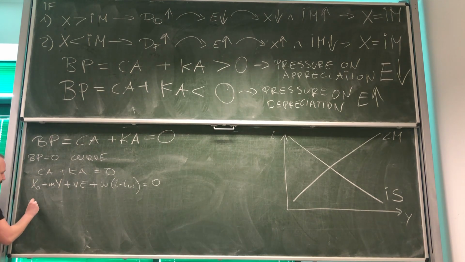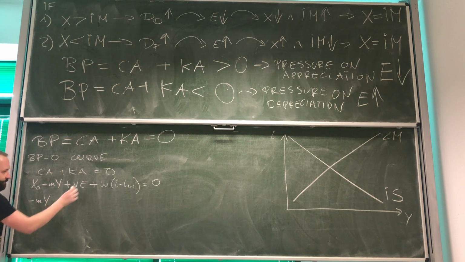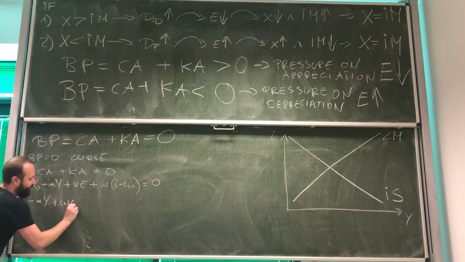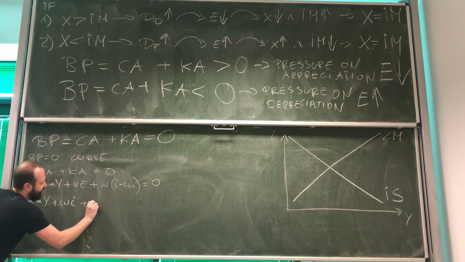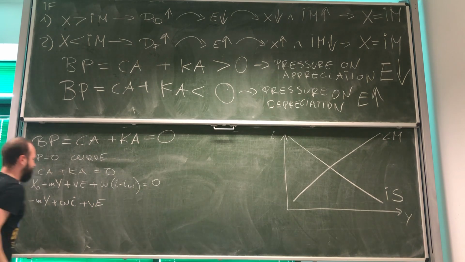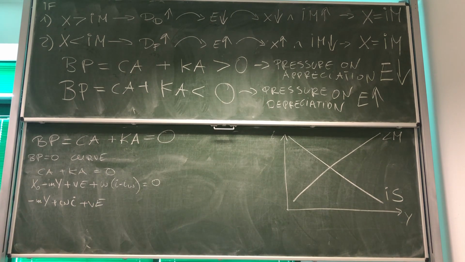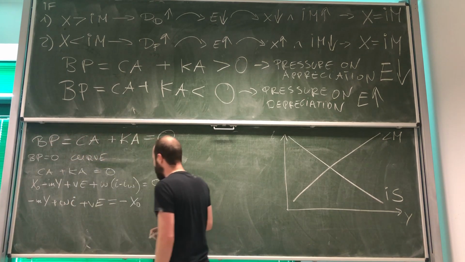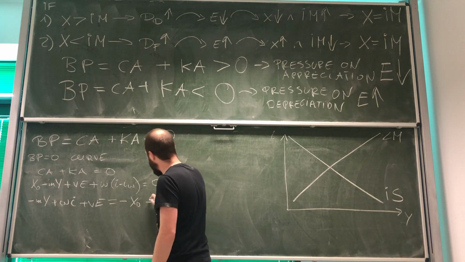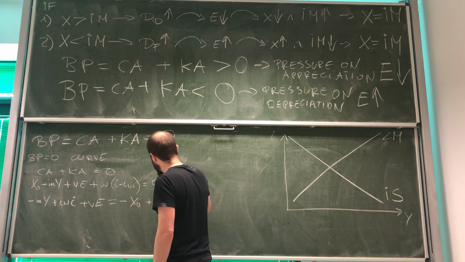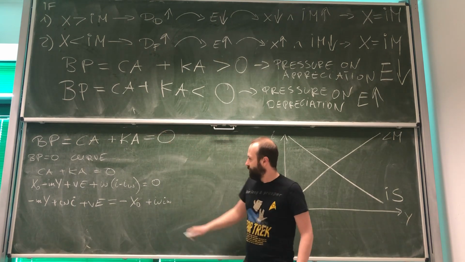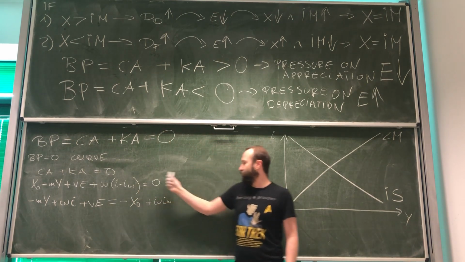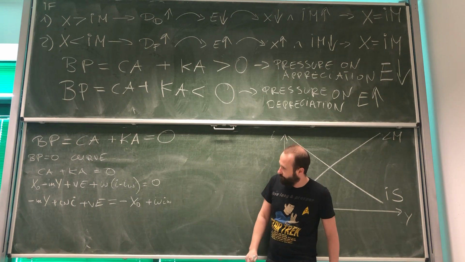And we get that this is negative my plus wi plus we, right? And now x0 goes to the other side, so we've got negative x0, and here we've got plus wiw. Remember, because there's a minus, we move it to the other side, it's plus.